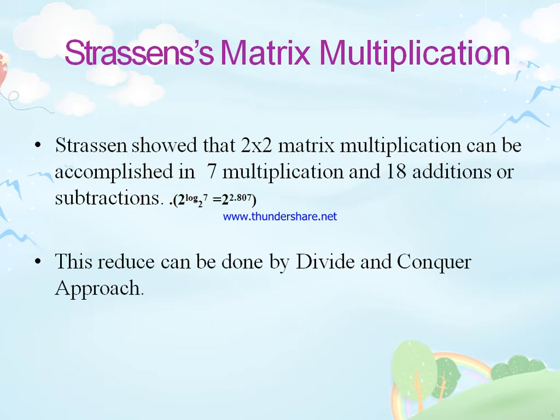Additions and subtractions have the same order of priority in processing. So here the number of multiplications is reduced from 8 to 7. We can see how this is reduced using the divide and conquer approach.